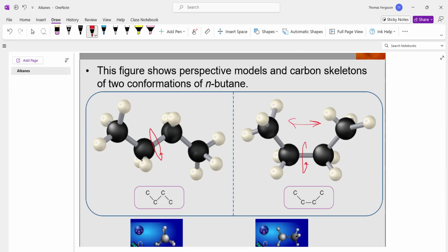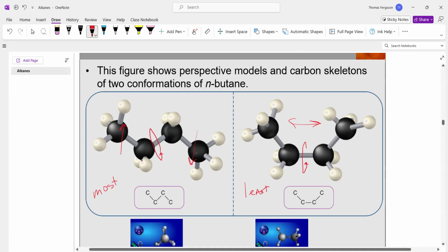The left one does that by turning this one downward, by twisting, and this one goes up. That maximizes the distance between those two groups, whereas the right one minimizes the distance. So the left one is most stable and the right one is least stable, and it has to do with these groups wanting to be apart because those electrons are repelling each other.